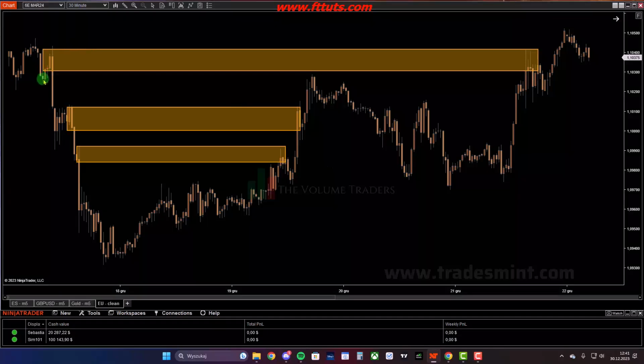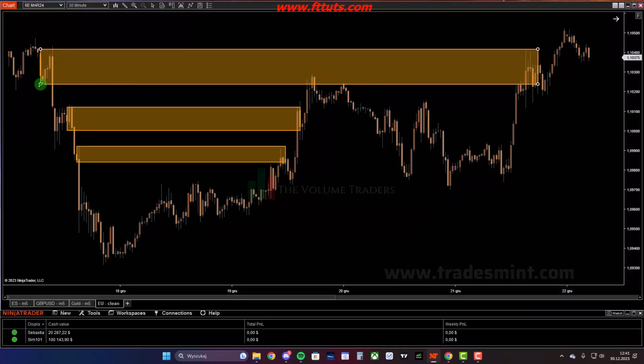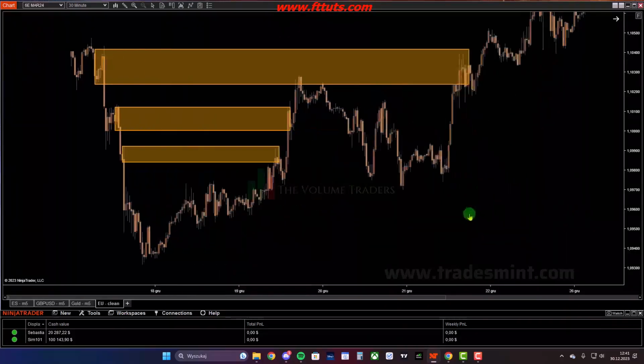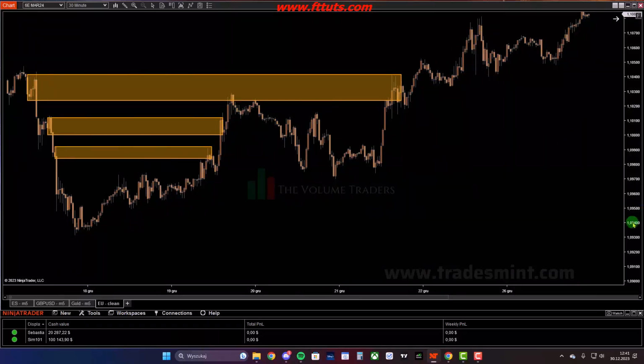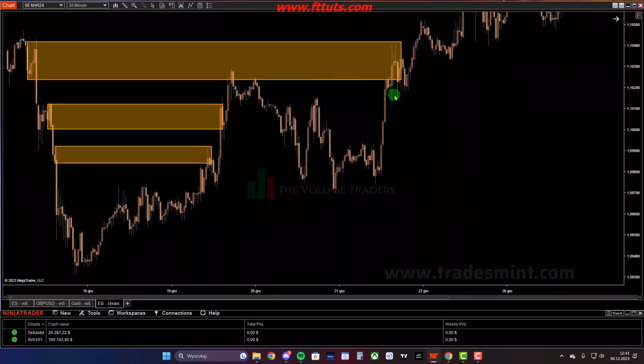If the price reaches some area, I see the reaction, and then that's the whole move. I'm just not watching the zone anymore. We can also see that this zone, after the first reaction, was completely broken. So these are the supply zones.